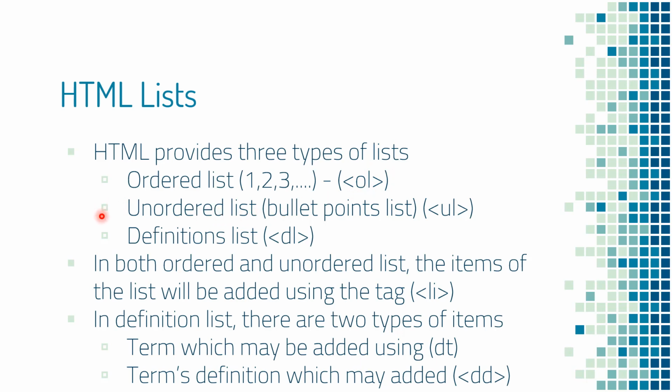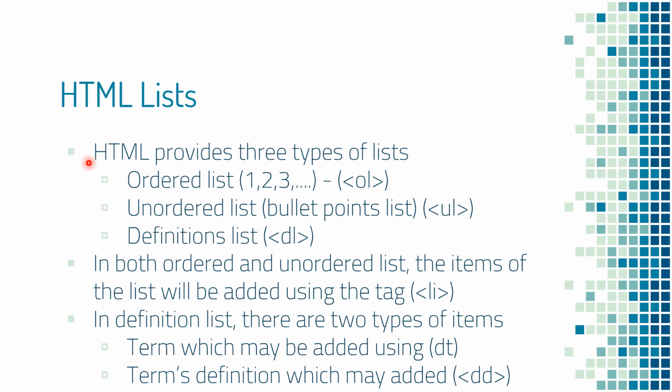If we want to include an unordered list, which is a bullet point list, then we would use the UL tag. The last type of list is the definition list, for which I would use DL tags. As you can see, it's definition list.